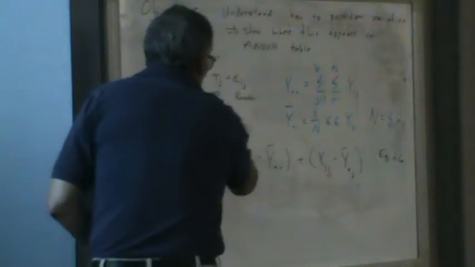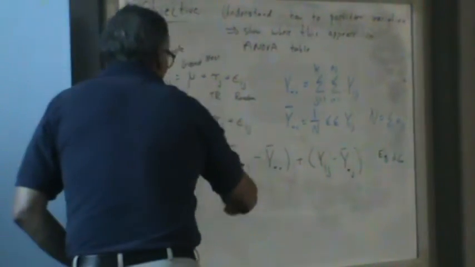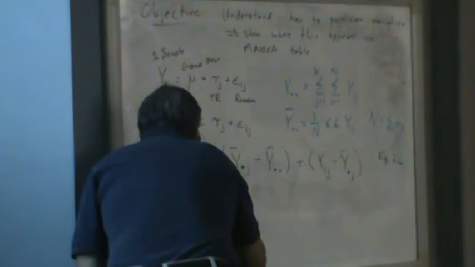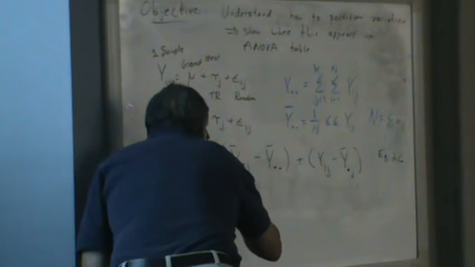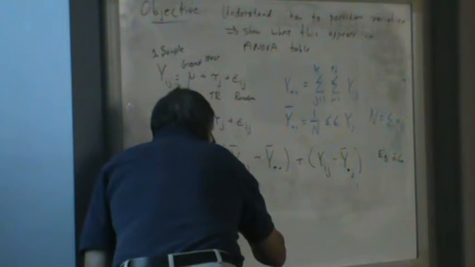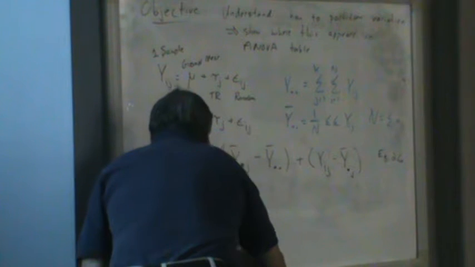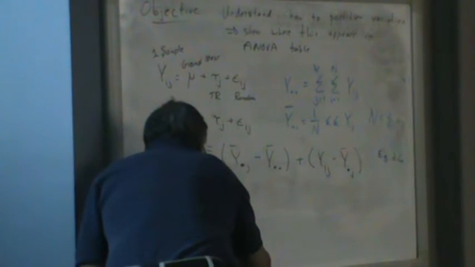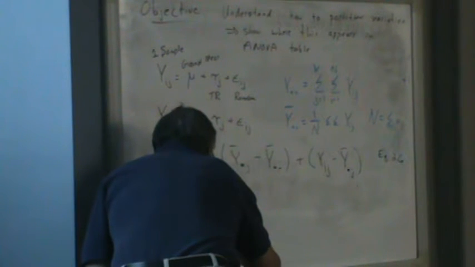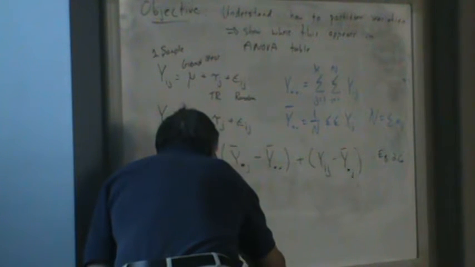So you can now guess what this one is. Without the bar, y dot j is the sum from i equals 1 to n_j of all the data points. And then y bar dot j is 1 over n_j of that sum.